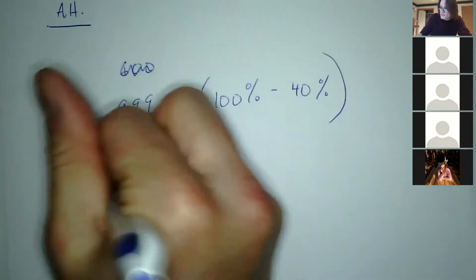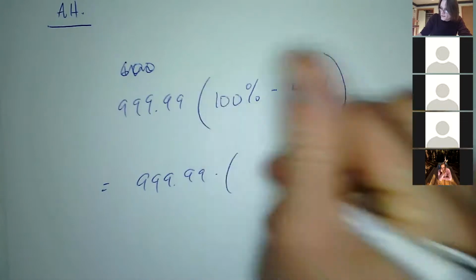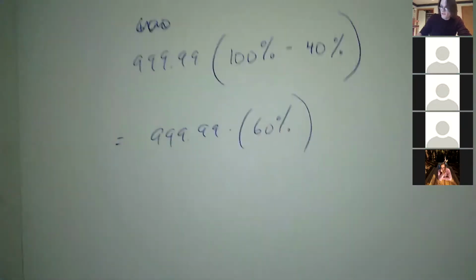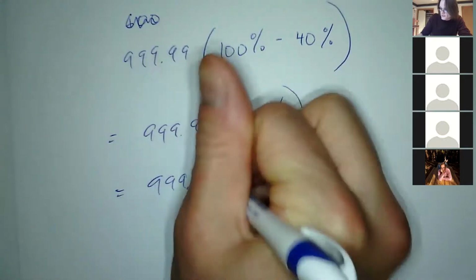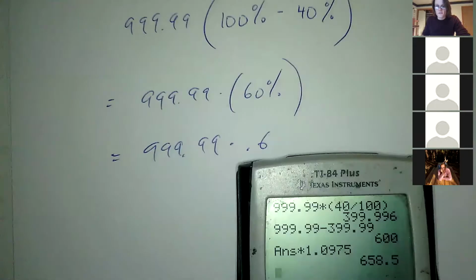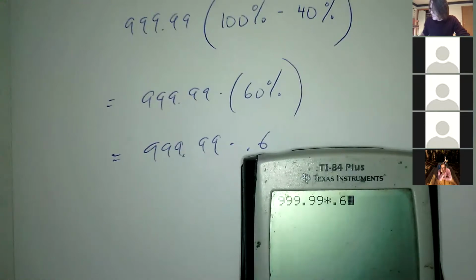And so now this is 999.99 times 60%. Of course, that's just 999.99 times 0.6. So in your calculator, I can do 999.99 times 0.6.